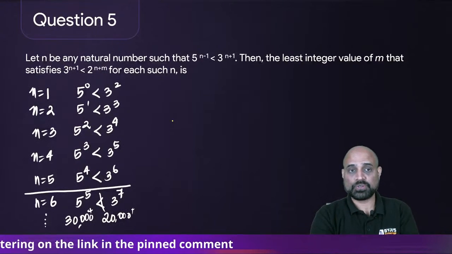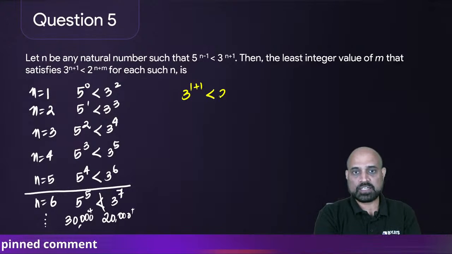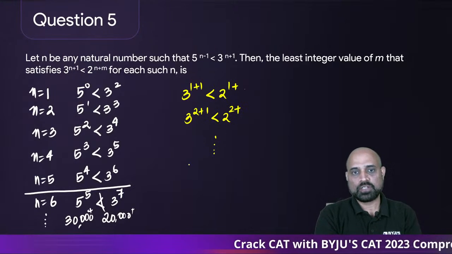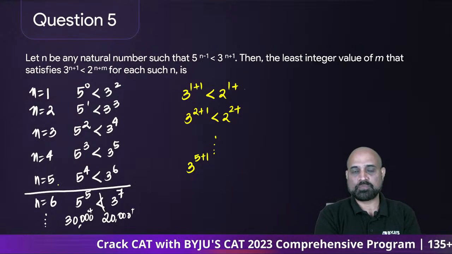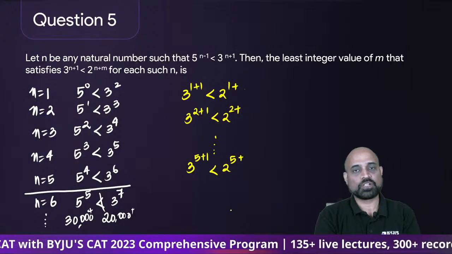If this is true, then 3 to the power 1 plus 1 should be less than 2 to the power 1 plus m. 3 to the power 2 plus 1 should be less than 2 to the power 2 plus this, and so on. 3 to the power 5 plus 1, because the maximum value of n we can take is 5, should be less than 2 to the power 5 plus what.